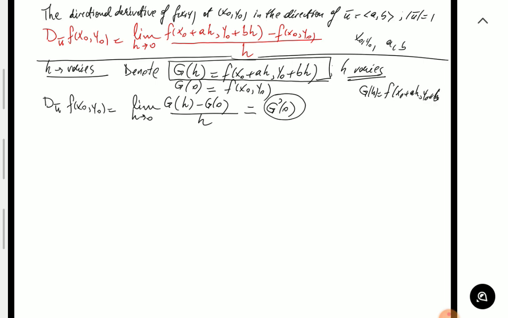But really, that means f depends on x and y, and in turn, x and y are functions of h. So this fits the chain rule. If you think of f on the top, the chain rule for a function of several variables, which depends on x and y, which in turn depend on h, right? You could think of x as a function of h, y as a function of h, y naught plus bh.